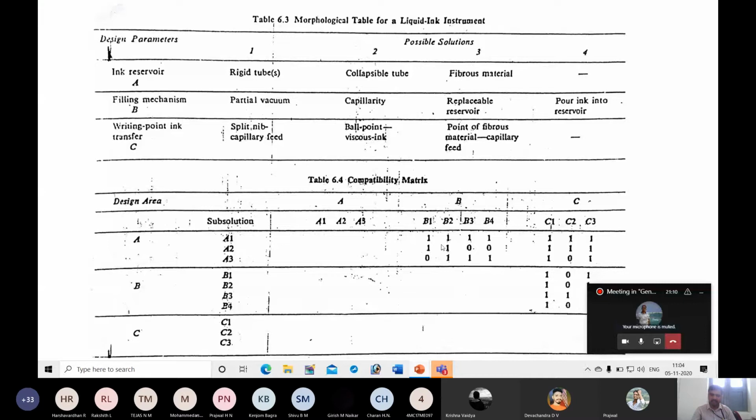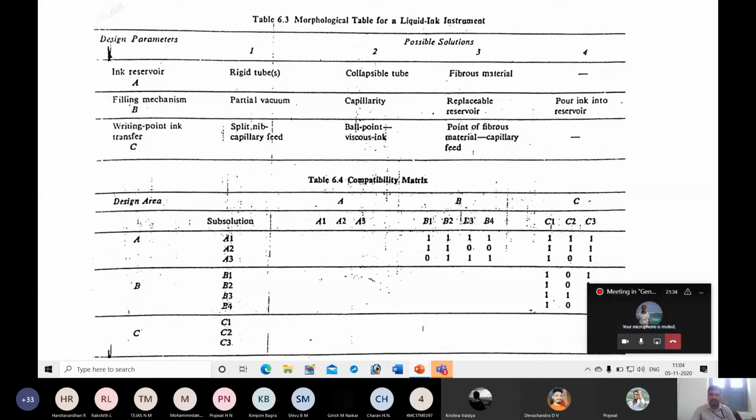According to his point of view, A1 means rigid tubes. If you choose rigid tube for A, then what about choosing B? For A1, B1 means you can choose rigid tube and partial vacuum. That is possible, so that is denoted by 1.